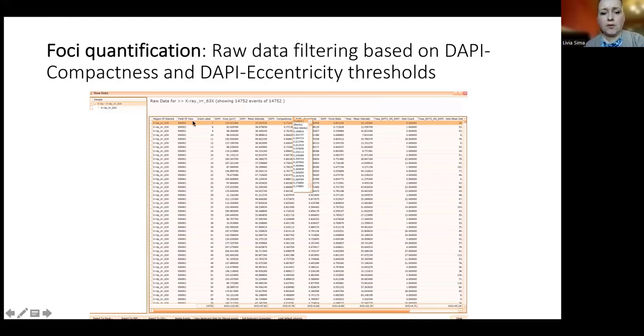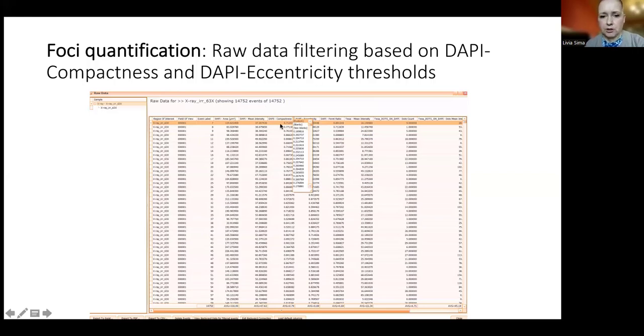For this, you have to generate the raw data from every sample that is analyzed and then filter the events based on DAPI compactness and DAPI eccentricity to look at the number of foci per nucleus, either in a subset population like melanoma cells or in the overall population of cells that were exposed to radiation.